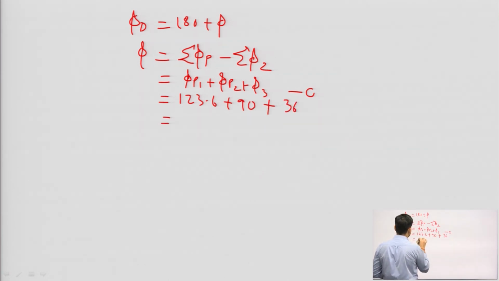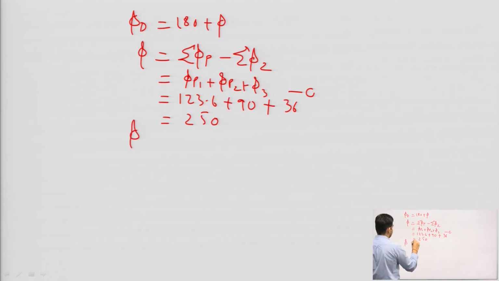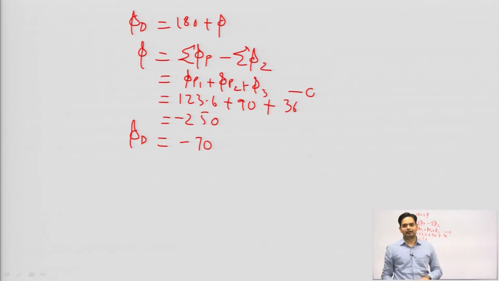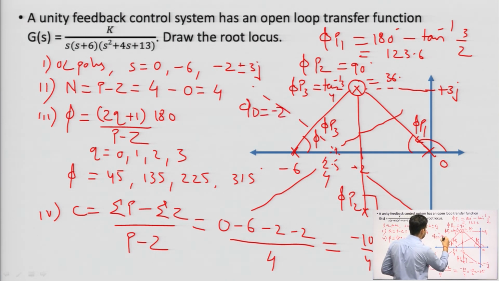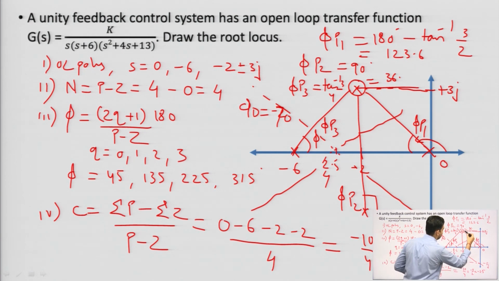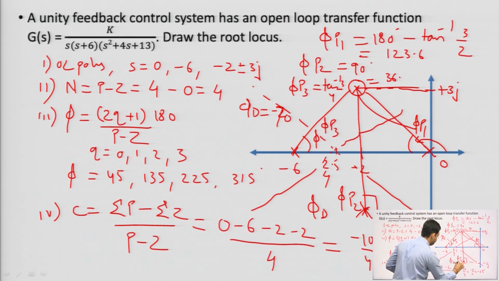If you calculate, it comes around 250, an approximate value, not exact. Now phi is minus 250, so phi d is 180 plus phi, around minus 70. It means my angle of departure is phi d equal to minus 70. This pole will depart at an angle of minus 70 and approach infinity, and for the pole at the bottom, phi d would be plus 70 because it is symmetric.